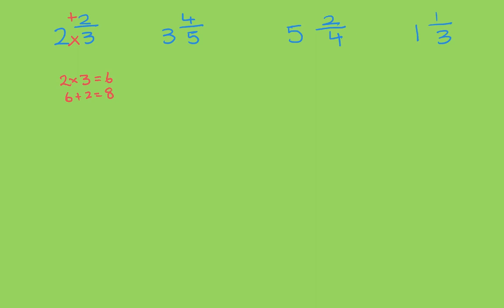So we have 8 over 3. Remember, the 3 stays the same. And there's our improper fraction because the number on top is bigger than the number on the bottom.